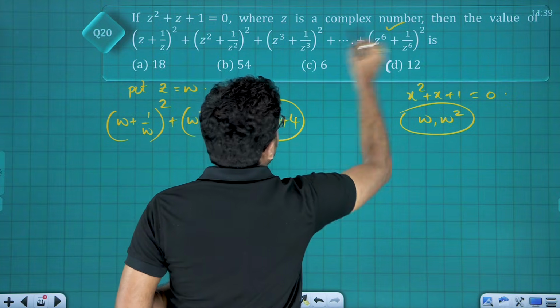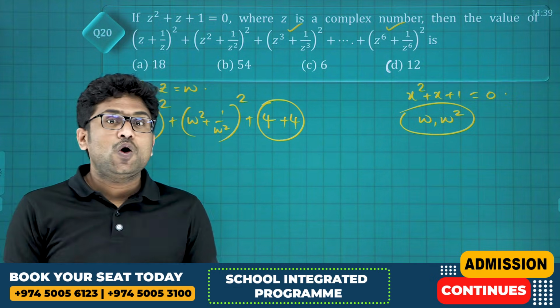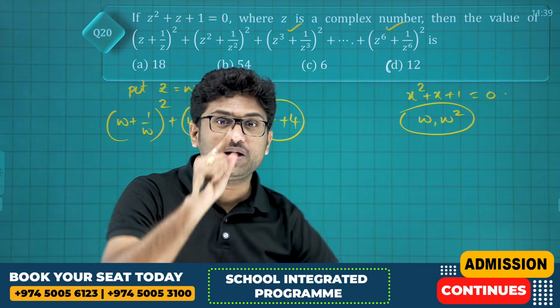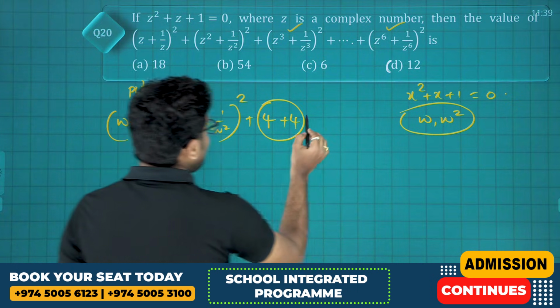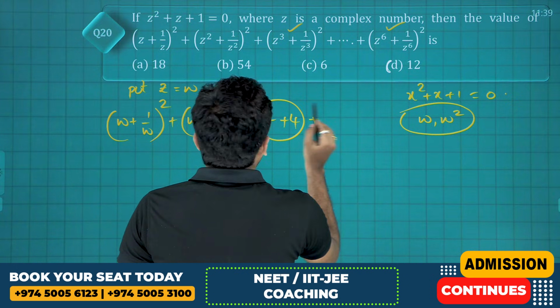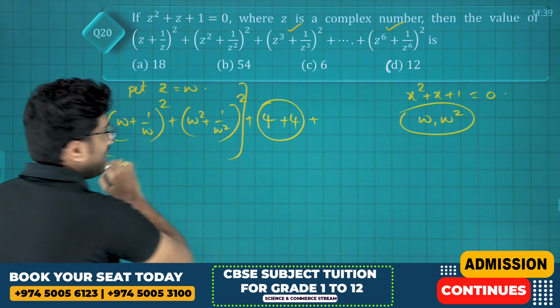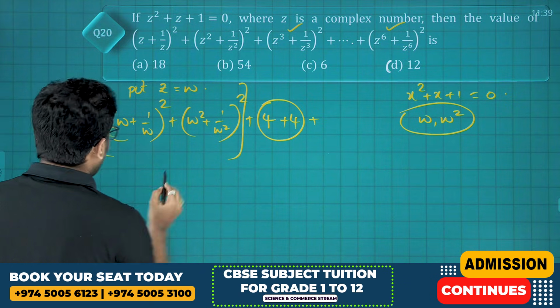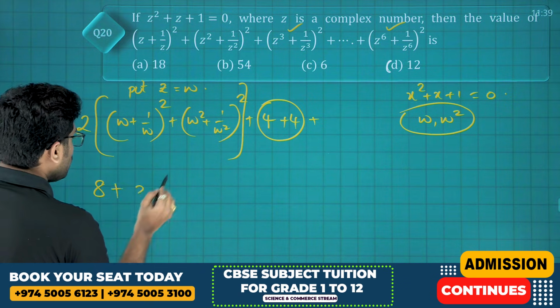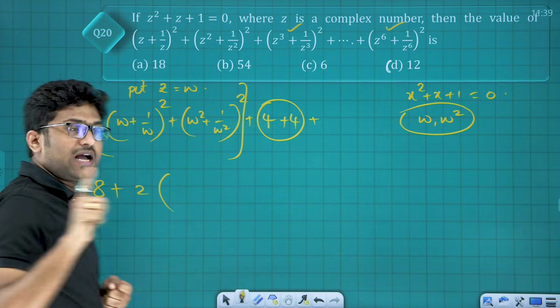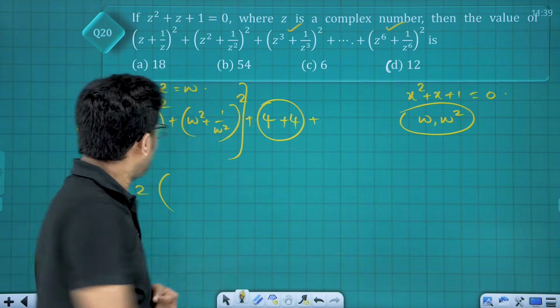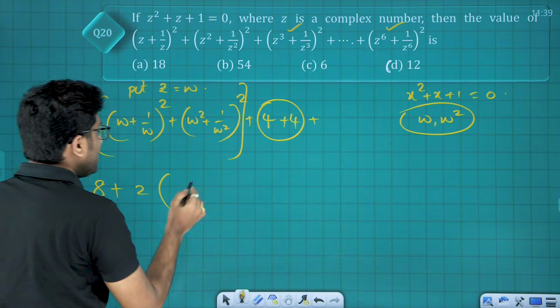Omega power multiples of 3 will always be 1. Now 4 plus 4, 8. 8 plus 2 times, see, omega into omega, omega square. Omega square plus 1, that is minus omega.